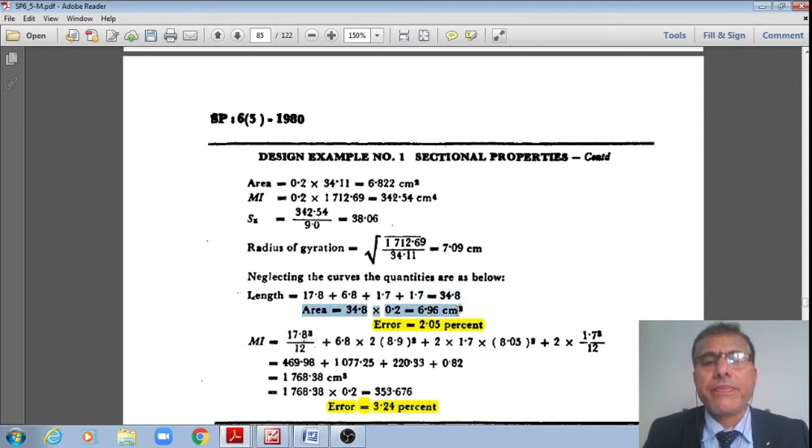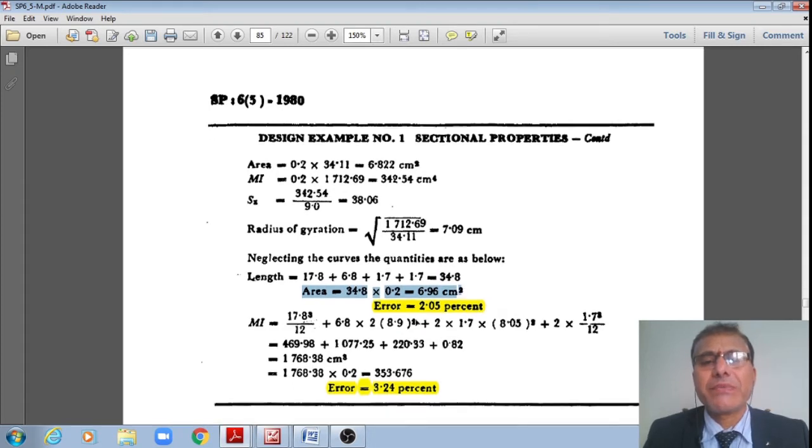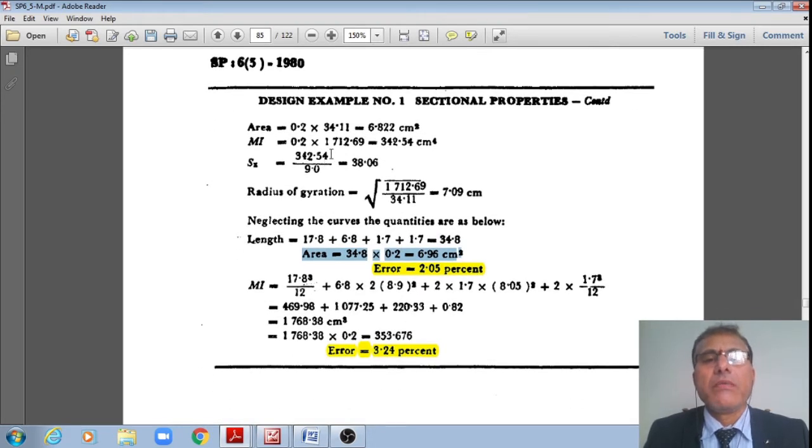Therefore, the area is equal to 6.96 centimeter square. However, by taking exactly the curves, I got 6.82. Neglecting the curves by taking them as perfectly 90 degrees, using the centerline diagram or the linear method, I am getting 6.96, just 2.05 percent more.